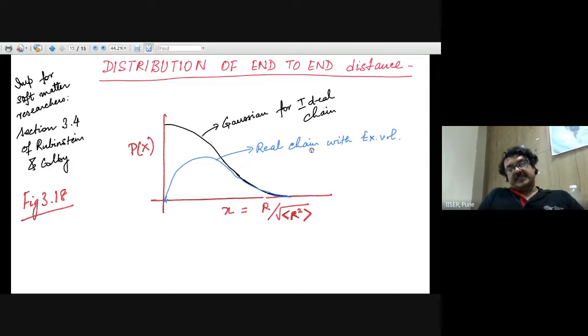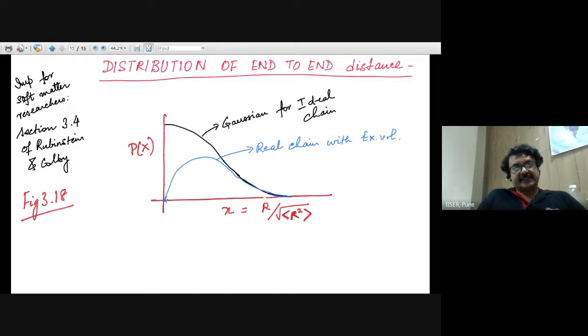But for a real, swollen chain, where the excluded volume parameter is positive, there is a positive energy cost for overlap due to which the polymer chain swells, and then the p of x would look more like this. So the end-to-end vector is swollen and does not come back to the same point.